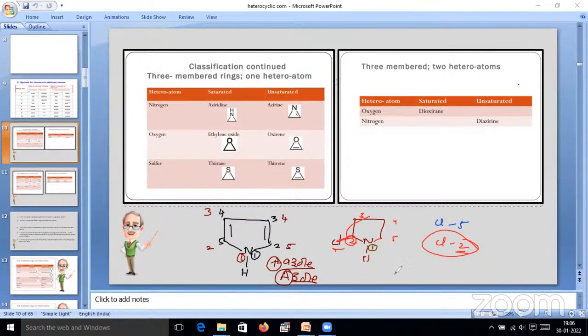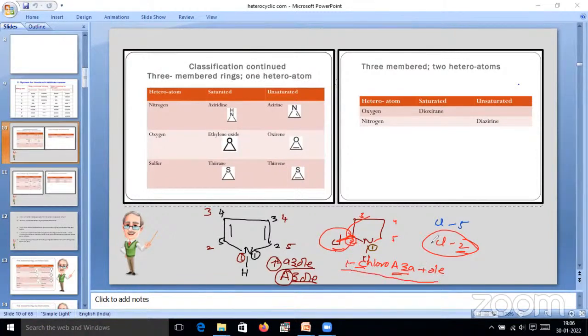So we can write azole as aza plus OLE. The substituent is mentioned before the prefix, and this is chloro. The position of the chloro substituent is mentioned before the substituent.